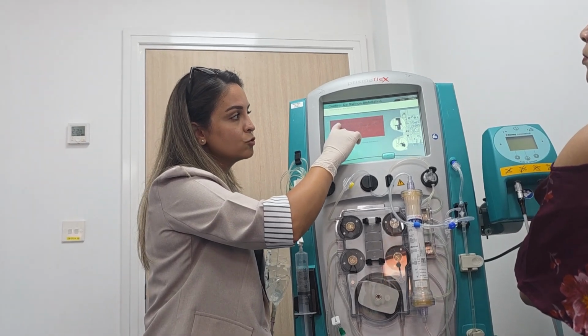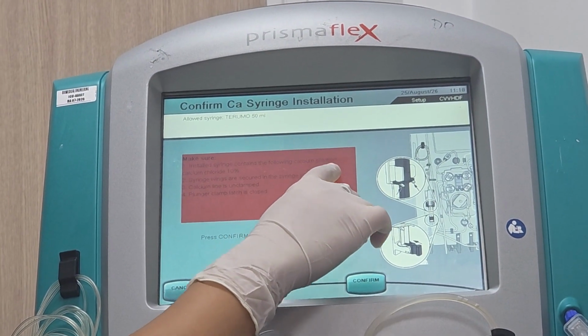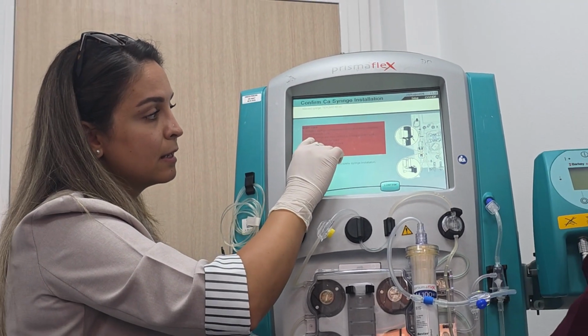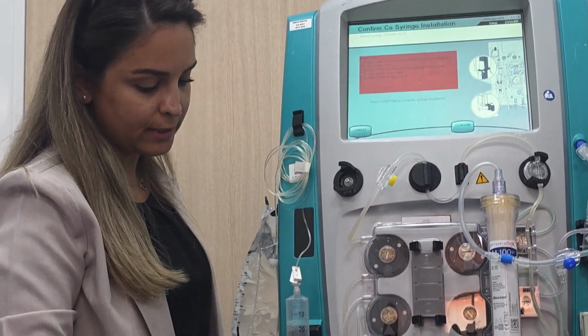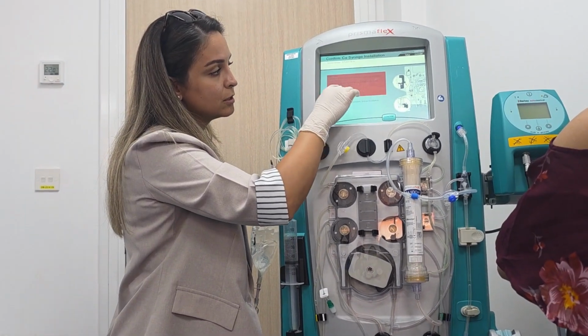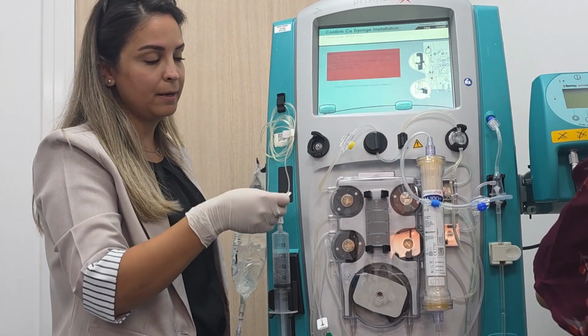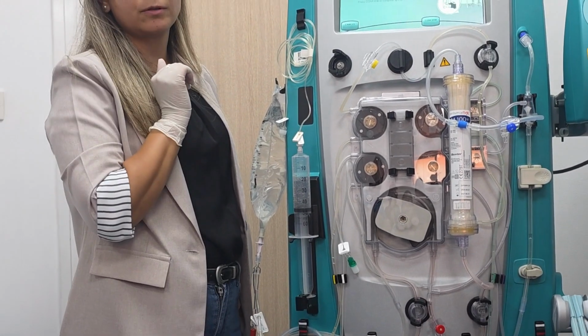Number 1, make sure that the syringe contains the calcium solution, which is calcium chloride 10%. Make sure that the wings are secured in the syringe holder. The syringe line is unclamped, yes. And the plunger is closed.